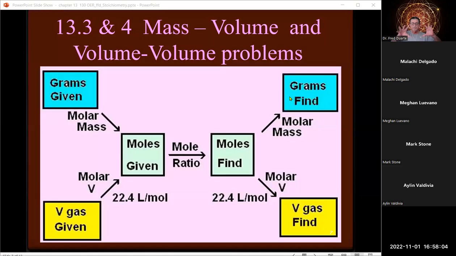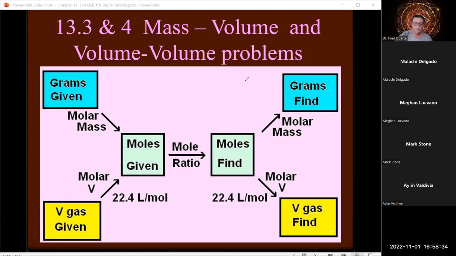So this flow chart is your map to get from one type of calculation in moles to another in grams. Now I should say, another type to get one compound in grams and move over to another compound in the reaction in grams or in volume, depending on what you're doing.